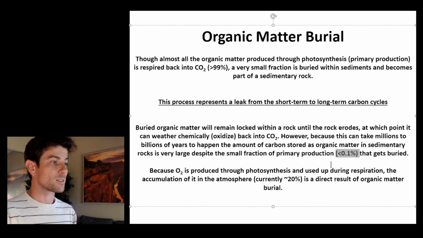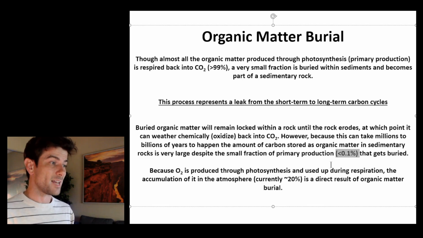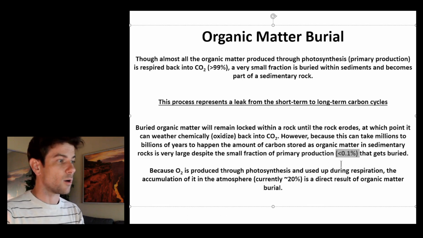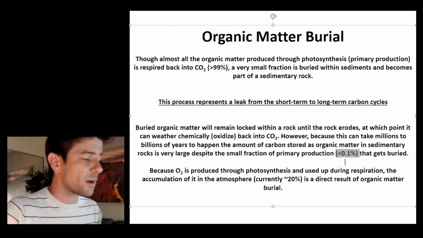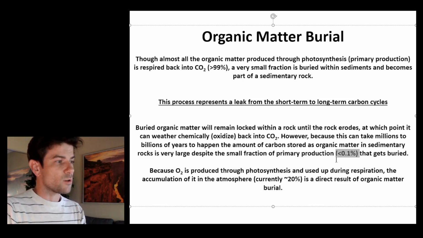If you remember back to the slide we showed last time, it was the second largest reservoir. About 10 million gigatons of carbon are locked up in sedimentary organic carbon, and that's compared to about 40 million gigatons as carbonate carbon. And so that's about 1/4 the size of the reservoir. So it's a lot of carbon locked up there.